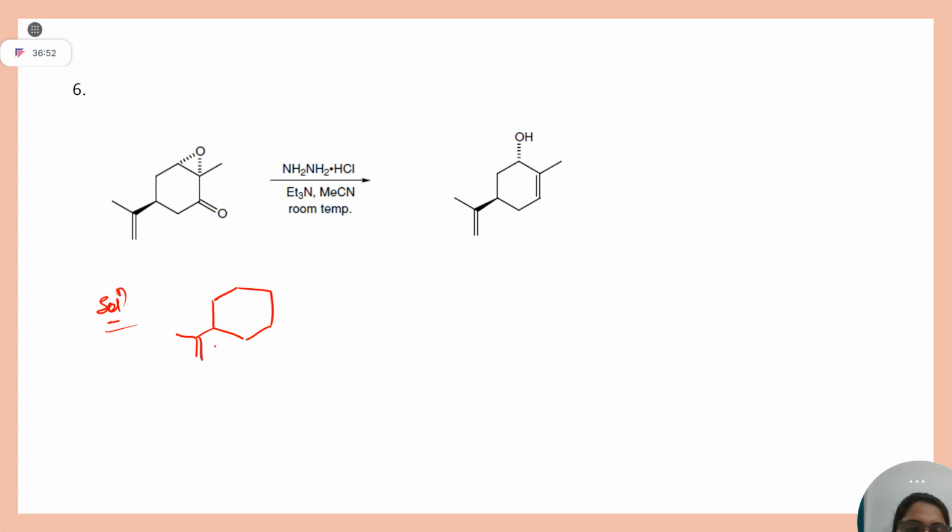I will not draw this part, okay, as it is going to remain intact here. Double bond and NH2. One hydrogen I am abstracting by this, in presence of base. It will go here, this will go here, and open this ring, okay.